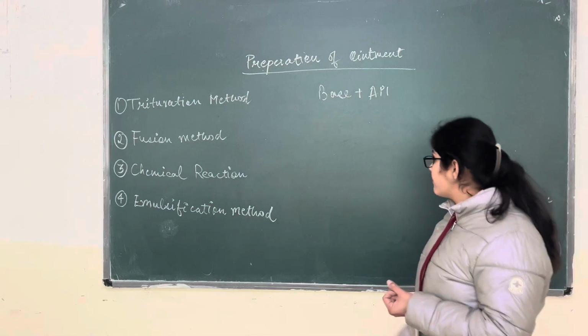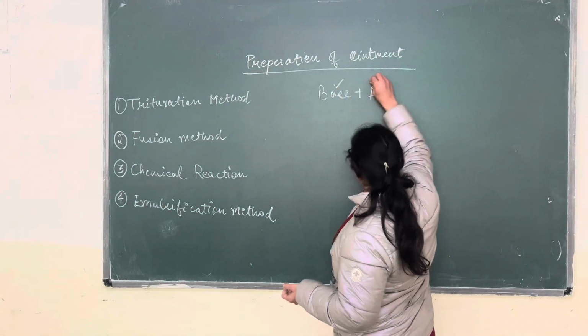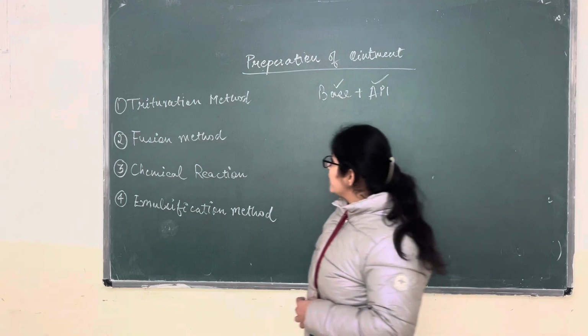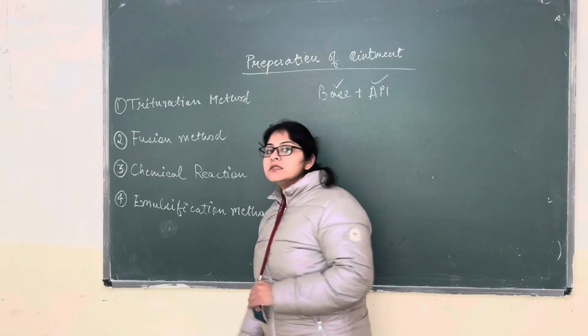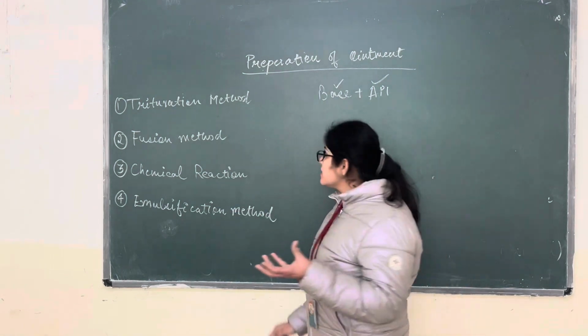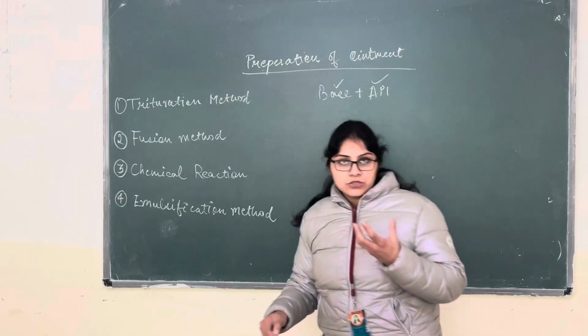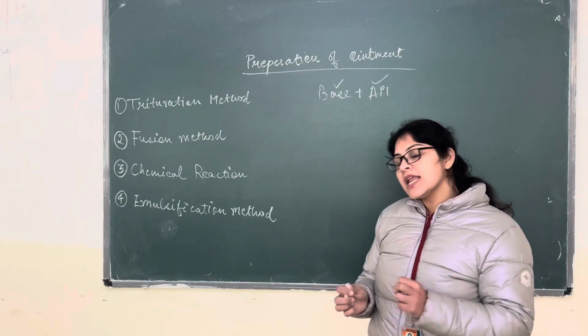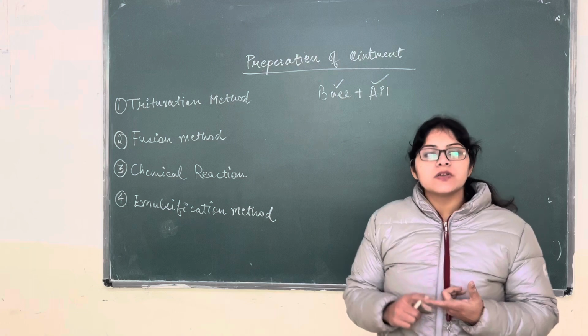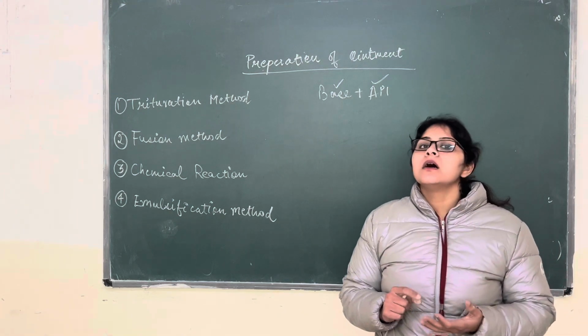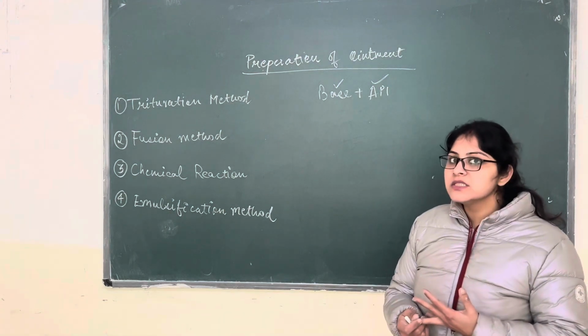These types of base are used for the production of ointment. In the trituration method, we mix the base and the drug, two or more ingredients. We can add different ingredients, coloring agent, flavoring agent, and different solvents.